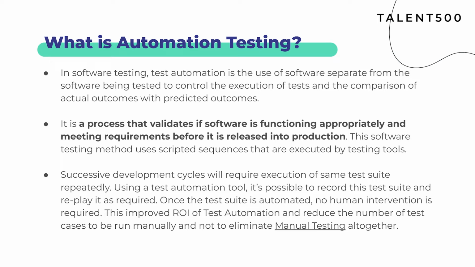Now let me give you a very simple example which will help you understand what automation testing really is. Somebody is developing a product where you first visit a website, for example xyz.com. Then you need to enter your details, for example your name, mobile number and address.